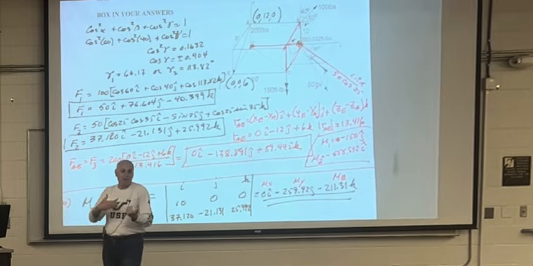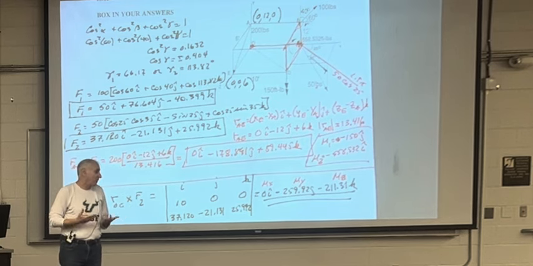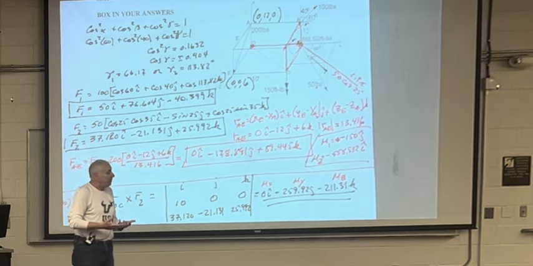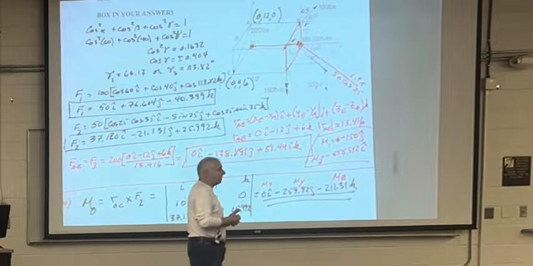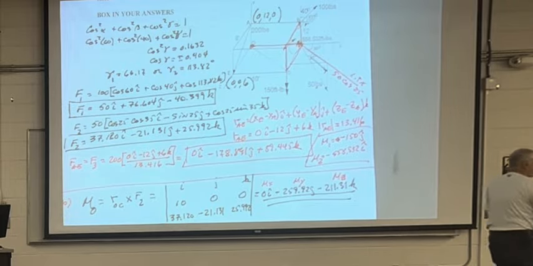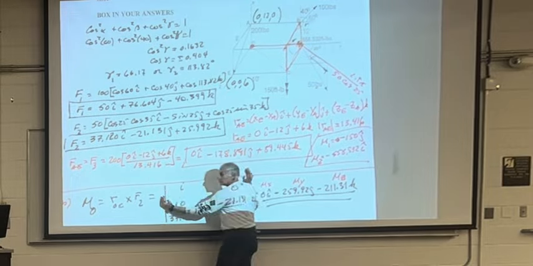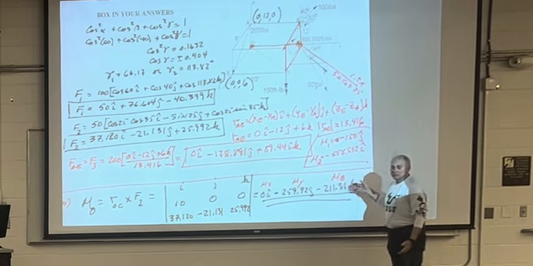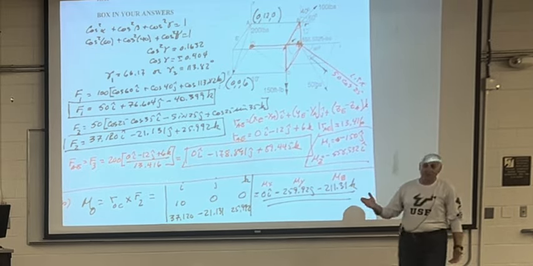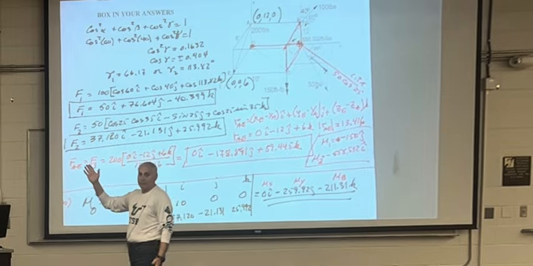So if that problem's worth a point, I'm going to take off maybe 3/10 or 4/10 of a point because you messed up putting it into your calculator. But if you don't do this, and you just give me an answer, and it's wrong, I'm taking the full thing off. So if that's worth a point, you lose a point.